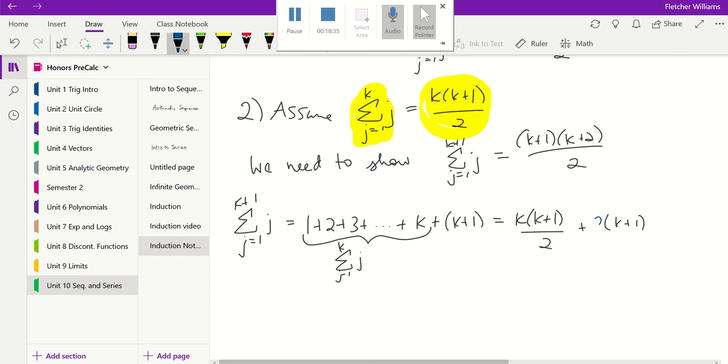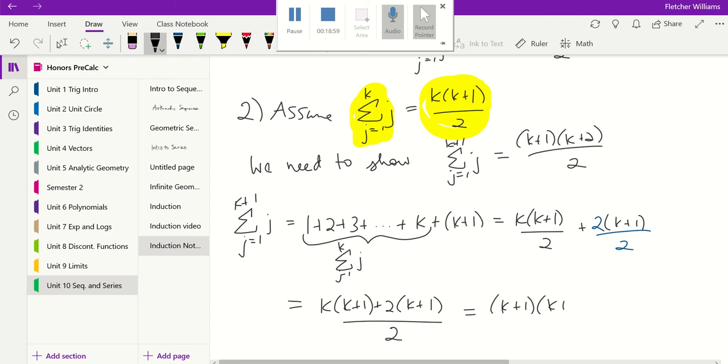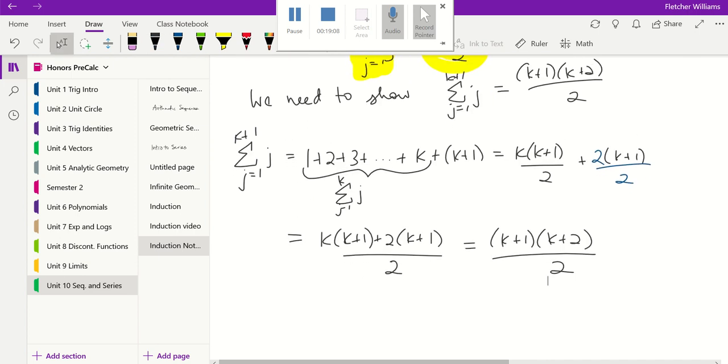So let's get a common denominator, 2 over 2, and this becomes k times k plus 1 plus 2 times k plus 1 over 2. And actually I wouldn't distribute here, I would just factor. So you factor out a k plus 1, that leaves you with k plus 2 over 2. Oh wow, that's what you were trying to show. So you did it, there you have it.